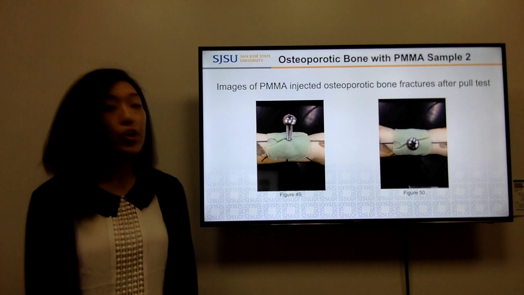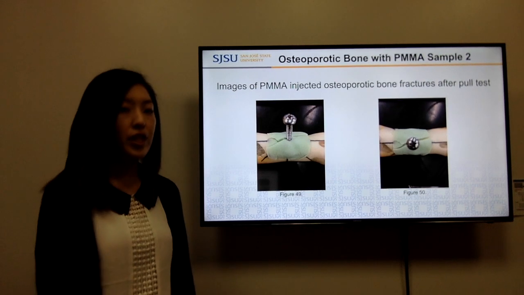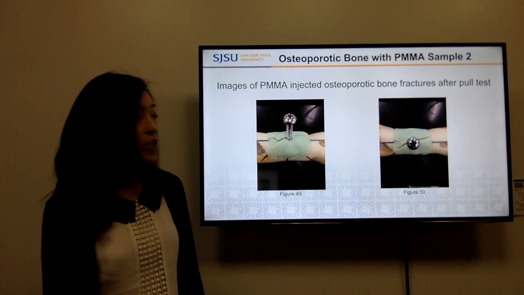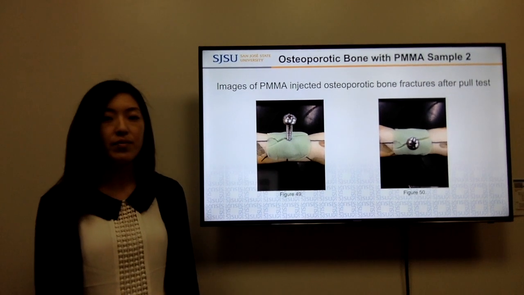And then these images show the osteoporotic bone with PMMA injection. It shows that there are fractures where the PMMA injection is near the fracture site.